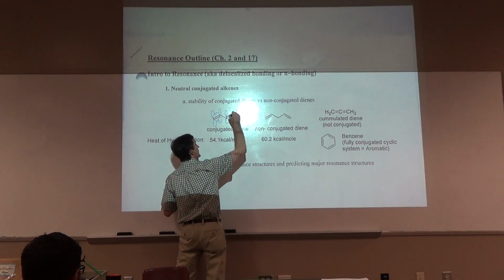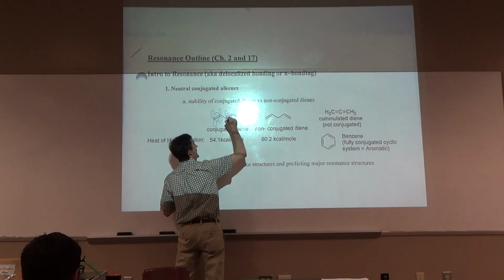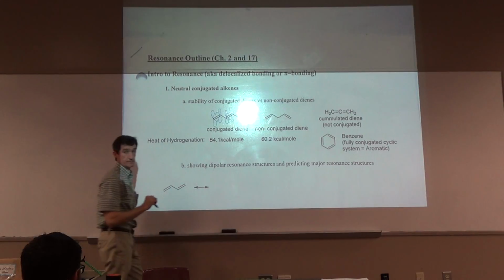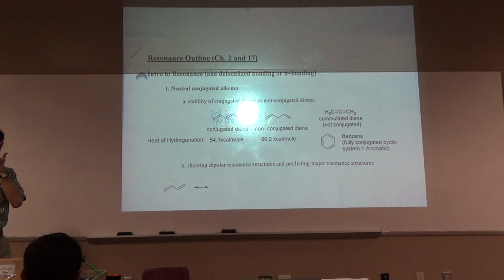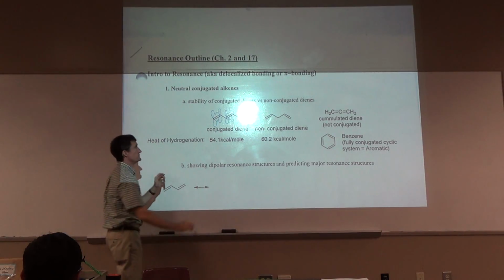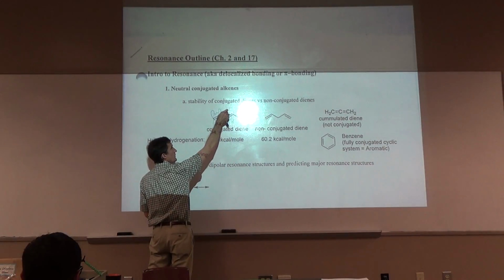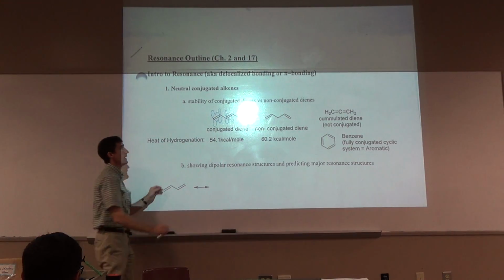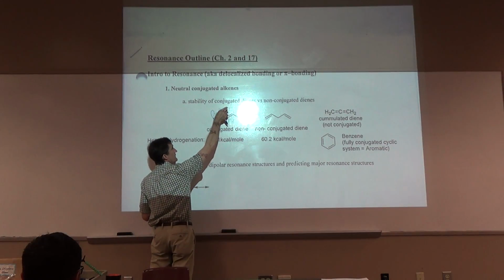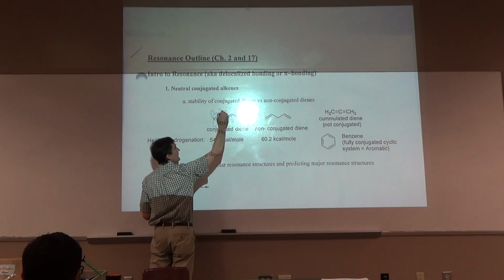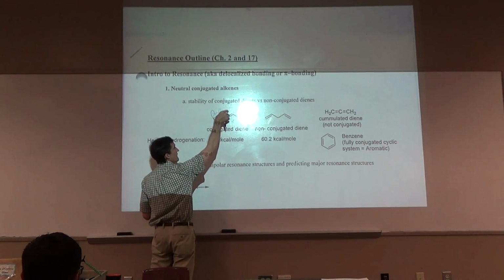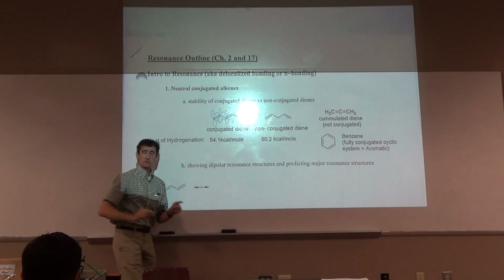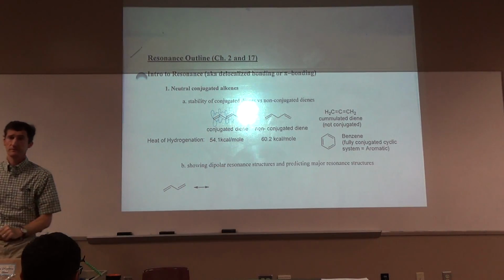P orbital, one electron in each. Overlap makes the pi bond we see there. But look at here. These two p orbitals in the middle, number 2 and 3, are next to each other also. Are you telling me that they don't have any overlap? Well, actually they do. There's p orbital overlap between the two middle carbons.